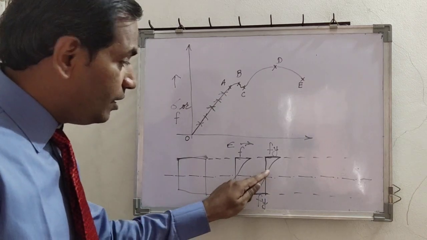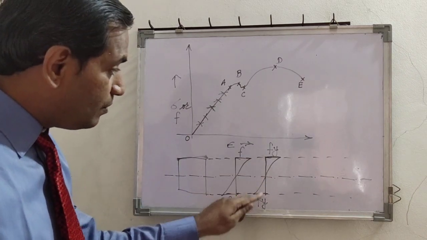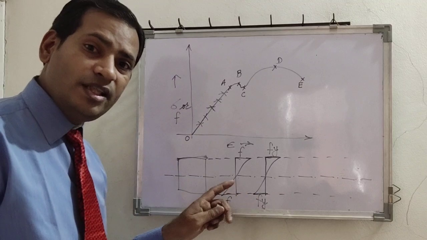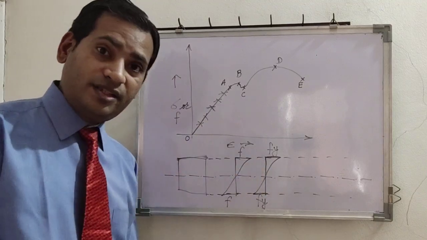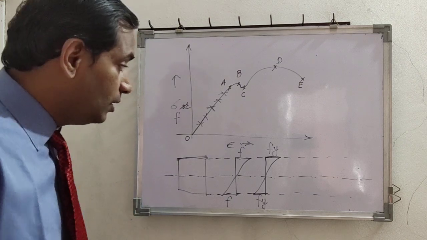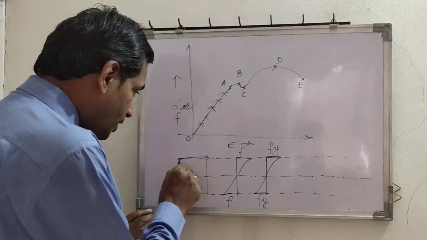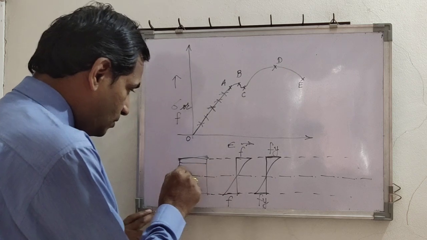Now in the second state or second stress diagram, stress distribution diagram, we can see that extreme fiber is subjected to yield stress. However, what about the fibers which are not extreme, like this layer or this layer?